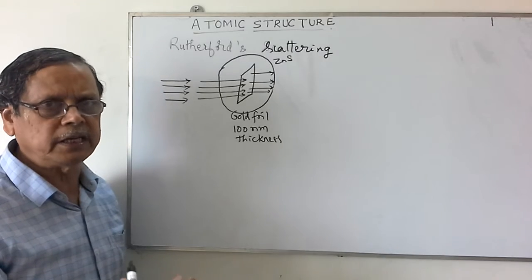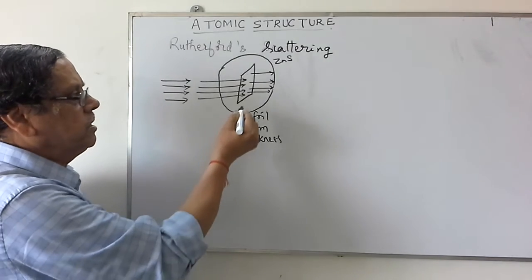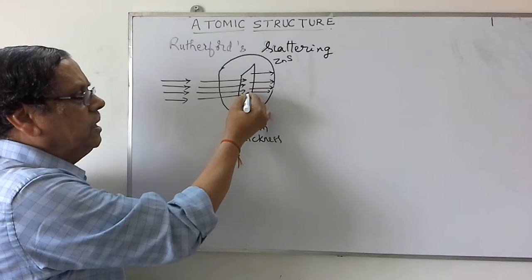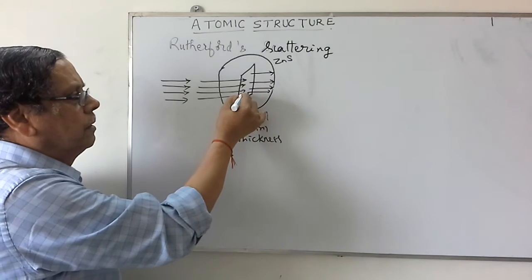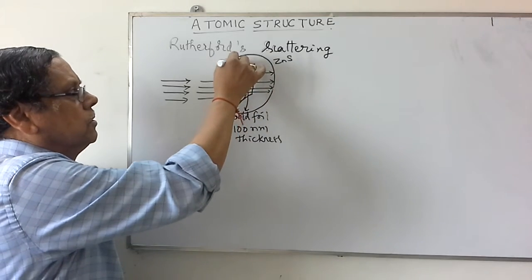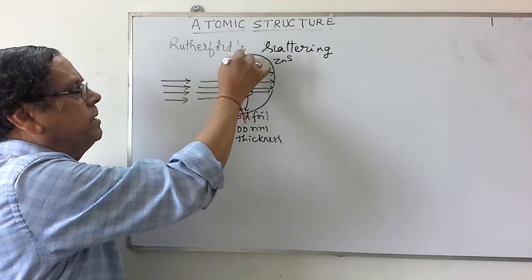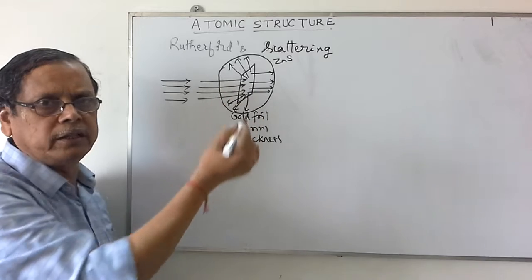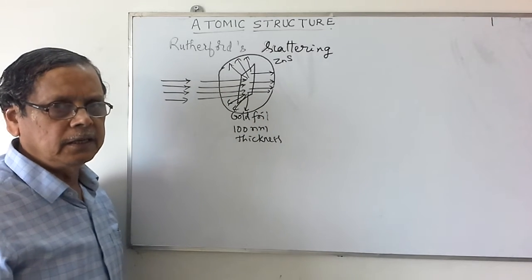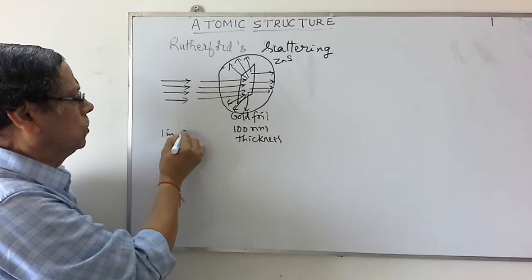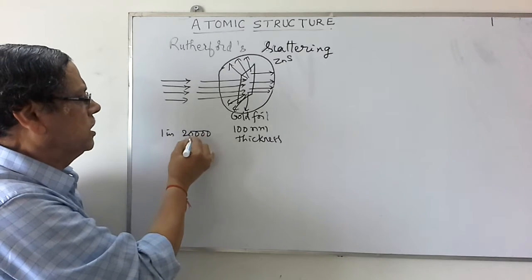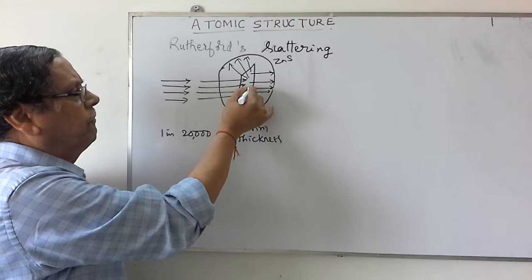This is the first observation he made. The second observation he made was some of the radiations were deflected by some angle, like this. Those radiations which are deflected by some angle again produce the glow on the zinc sulfide screen. But in about 20,000 radiations, one is deflected back.